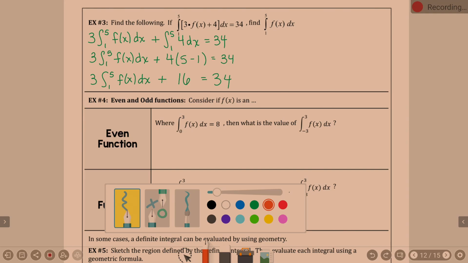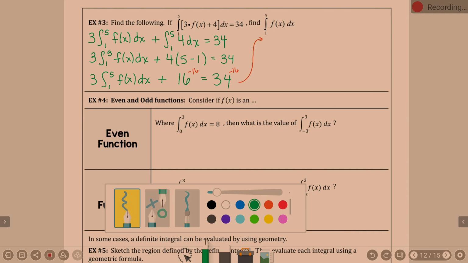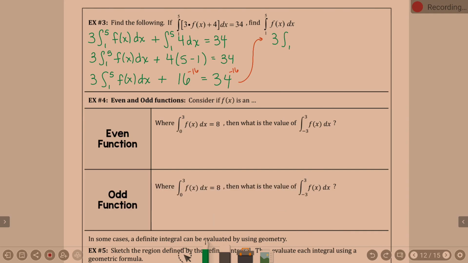Now I can what? Subtract 16. So now I have 3 times the integral from 1 to 5 of f of x dx equal to, is it 18?